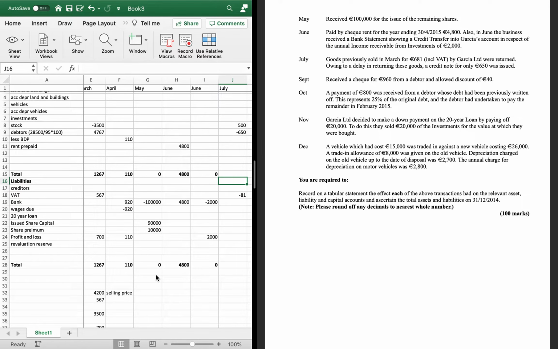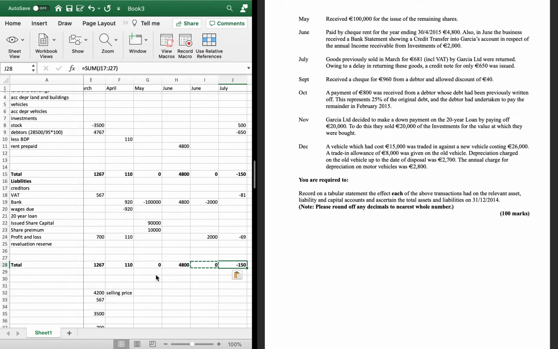So if we've got plus 500 minus 650, that's minus 150. If we've minus 81 here, well then the profit and loss is going to be minus 69 here, because that'll bring you up to the minus 150.